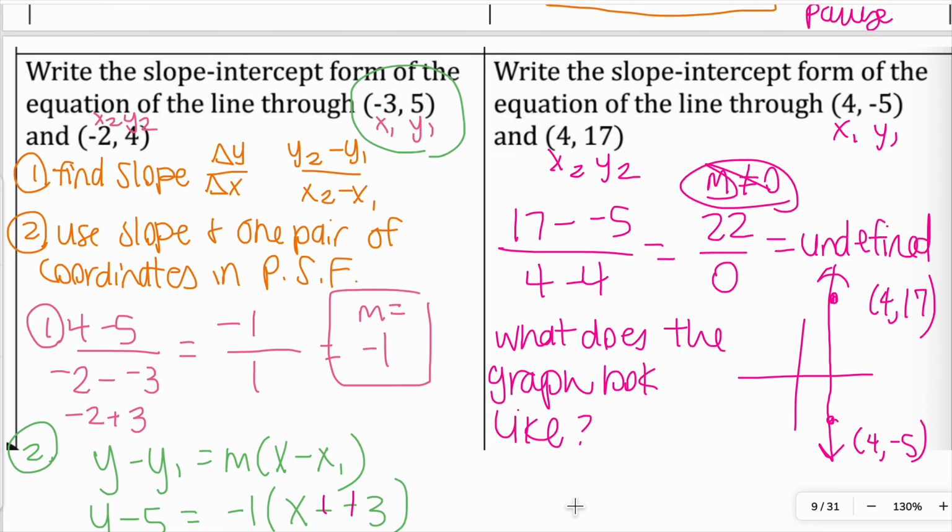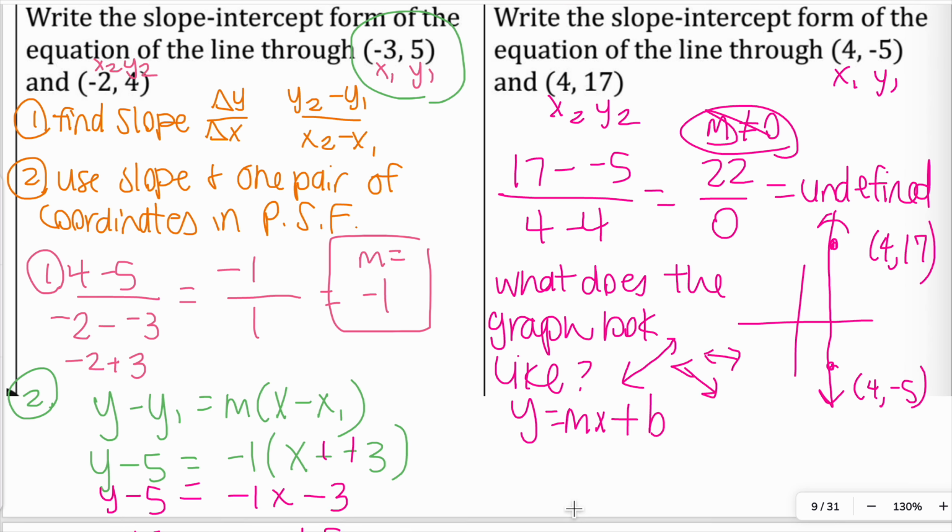So when we talk about vertical lines, we won't necessarily have y is equal to mx plus b, because y is equal to mx plus b creates a positive, negative, or 0 slope. Instead, we're going to have x just being equal to 4.